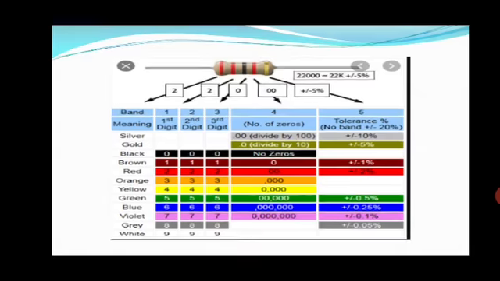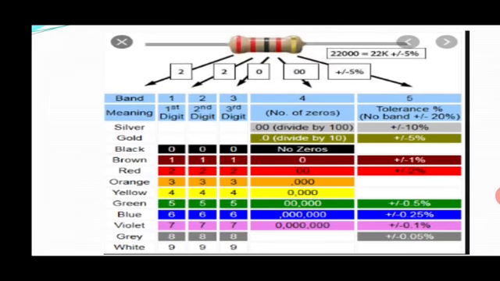I hope you can see, on the left side, the first column we call band meaning, which is nothing but the color of the band. It starts from silver, gold, black, brown, red, orange, yellow, green, blue, violet, gray, and white. At the moment we will keep silver and gold aside; I'll cover them later.